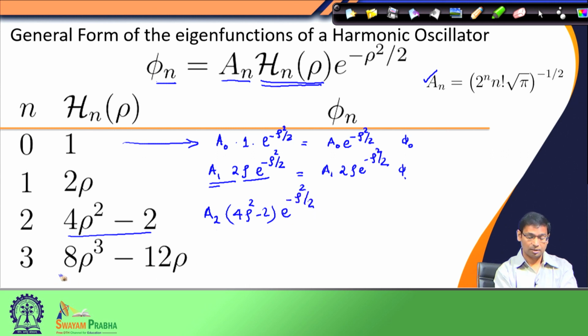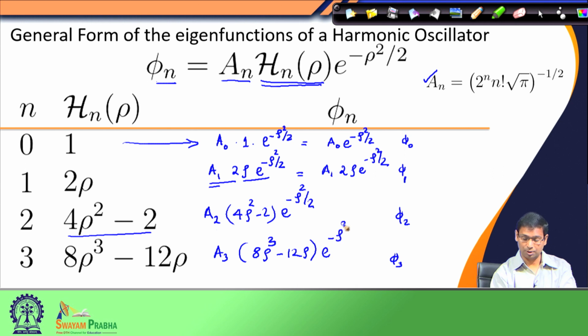And similarly, this is my phi 2, the phi 3 would be a 3, the third order Hermite polynomial 8 rho cube minus 12 rho into e to the power minus rho square by 2.